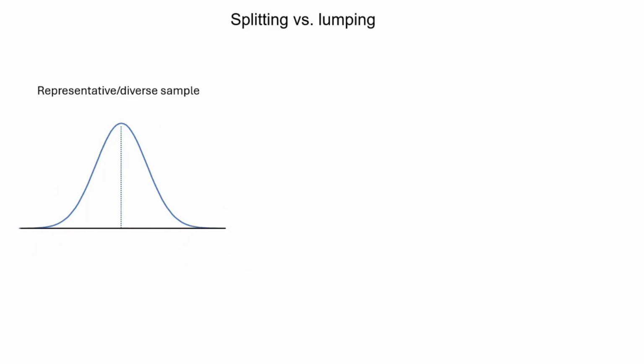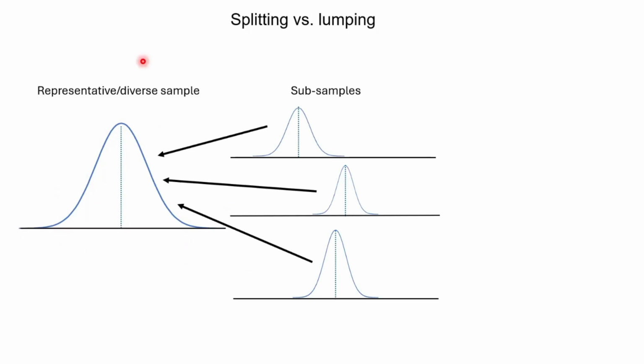But basically, if we have what we would call a diverse sample, by definition there must be a whole bunch of subsamples, each of which have their own variance, their own distribution. If we assume that these are randomly distributed Gaussian variables, when added up, they will give us our big parent Gaussian distribution.